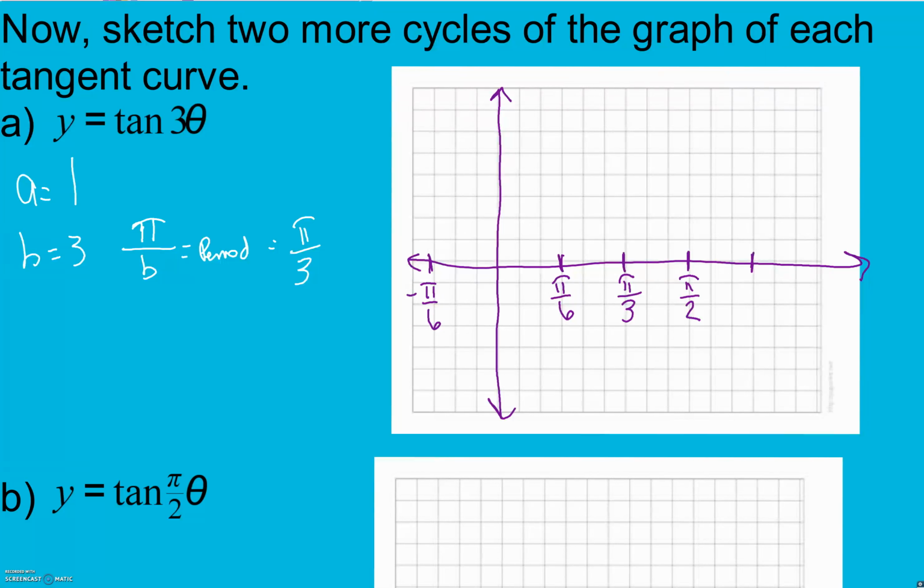Now, our a value is 1, so our amplitude is going to be just 1, so I'm just going to put a 1 and a negative 1 here. That's helpful because of our points in between our asymptotes, and remember our asymptotes go on the edges here.